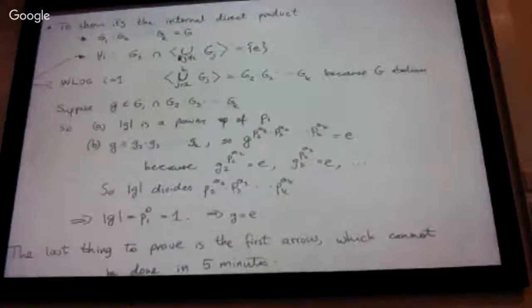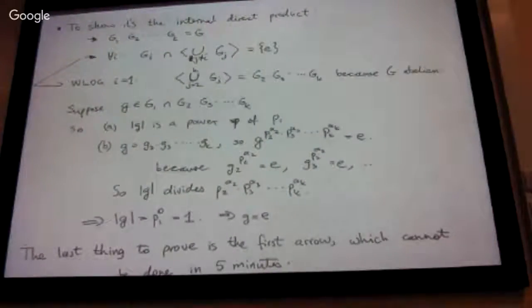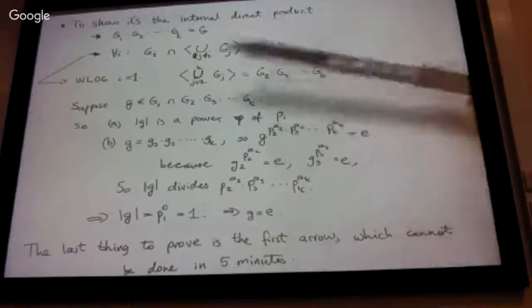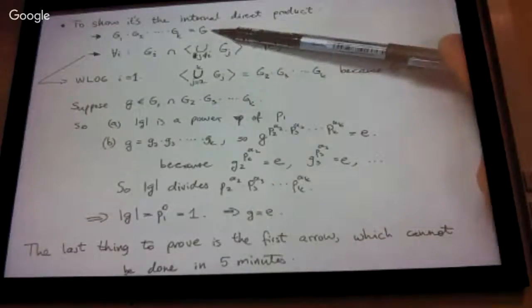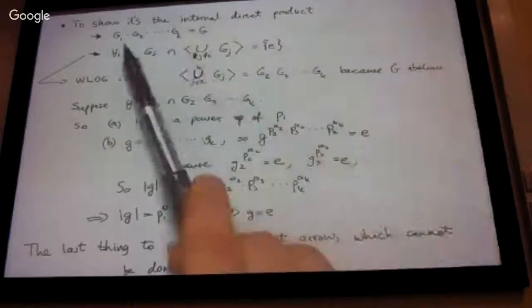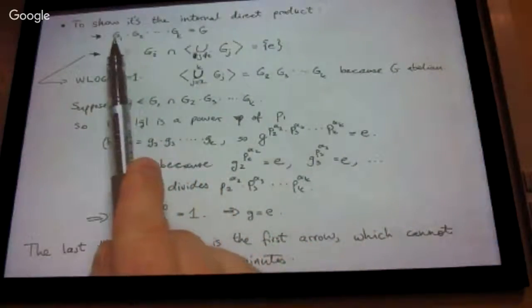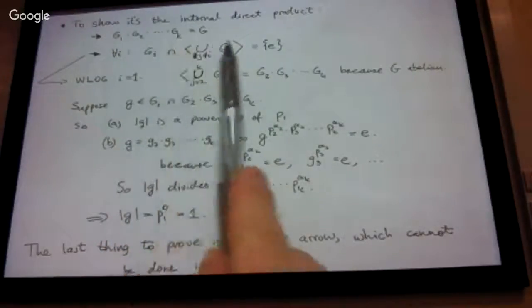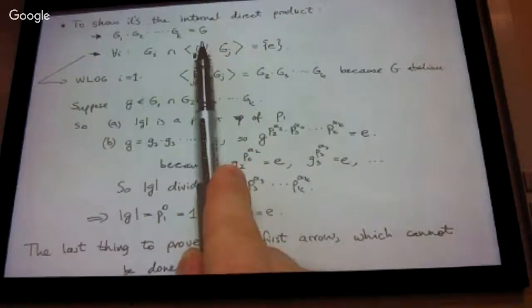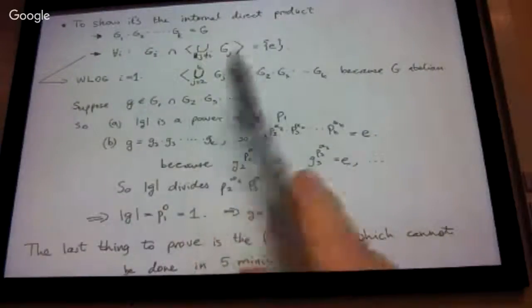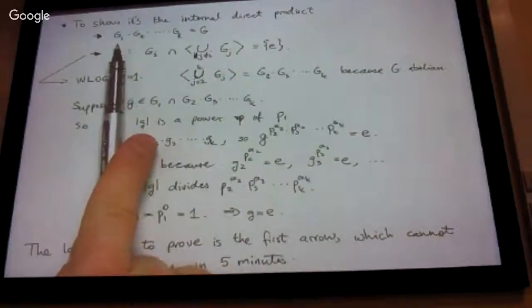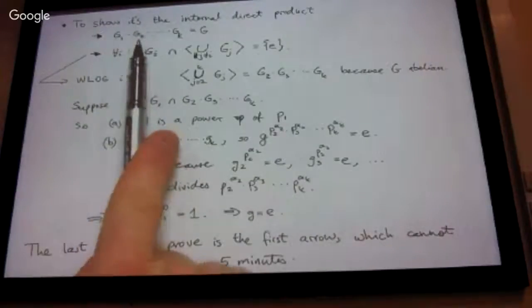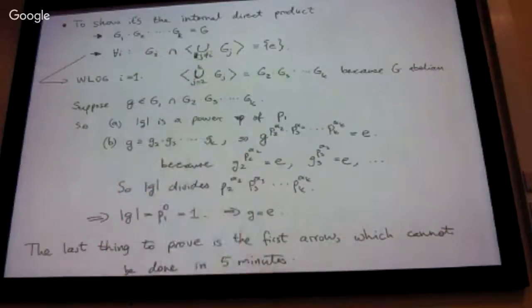And for the internal direct product, you want to show that when you take products, an element from each of the Gi, you can get everything in G. There's nothing left unexplained in the whole group that wouldn't be of the form of a product of something whose order is a power of P1 times something whose order is a power of P2, and so on. Okay, that's the first thing.